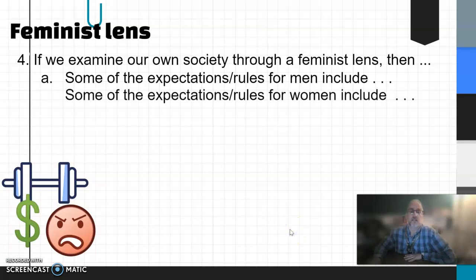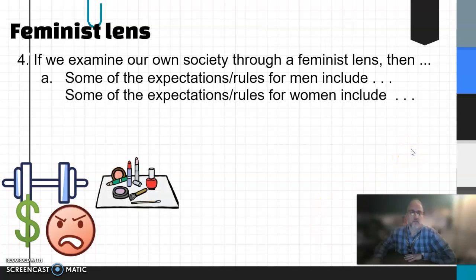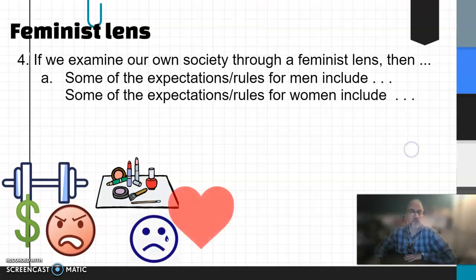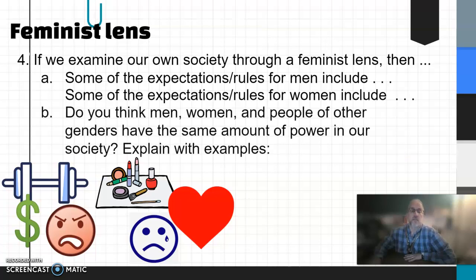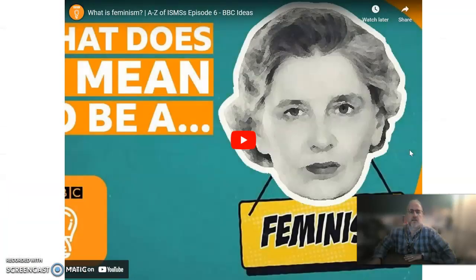Some of the expectations for women include looking good, using makeup, being emotional, and loving things. Do you think men, women, and people of other genders have the same amount of power in our society? Explain with examples.